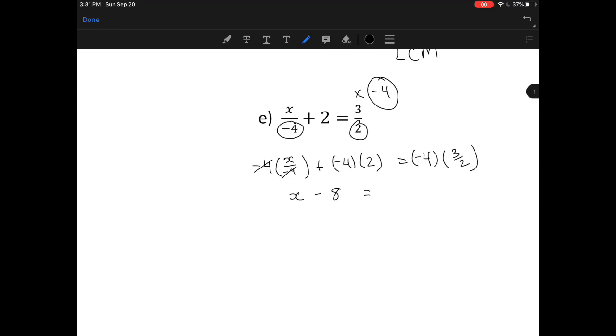We can't do any canceling here, so let's do this in our head. Negative 4 times 3 is negative 12, and negative 12 divided by 2 equals negative 6. So in here we'll have negative 6. Now let's solve. We'll move the 8 to the other side, and we'll have x equals negative 6 plus 8, which equals 2.